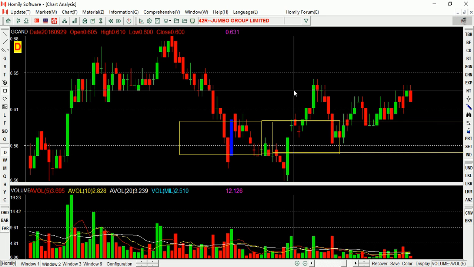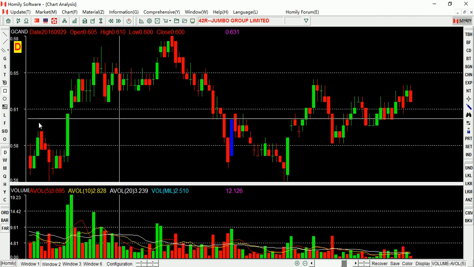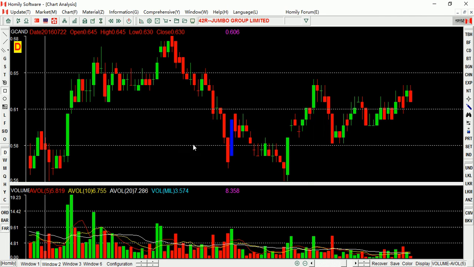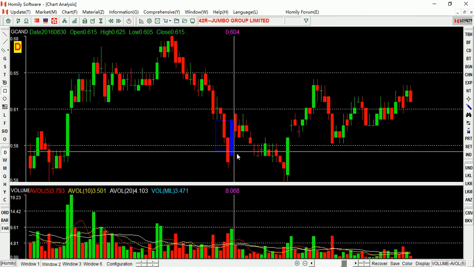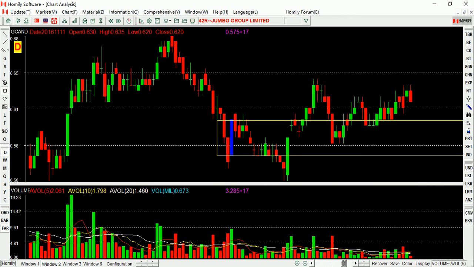How to draw the line? You click this one, the rectangle, then draw the body. What if you see the blue and the yellow actually appear within 2 days, one next to the other? Then the following day comes the yellow.